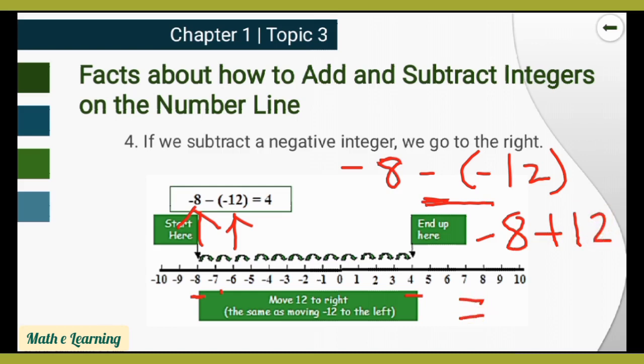We know that minus plus plus, so 12 minus 8 is equal to 4, and we use the sign of the greater number in the answer, so it is +4.